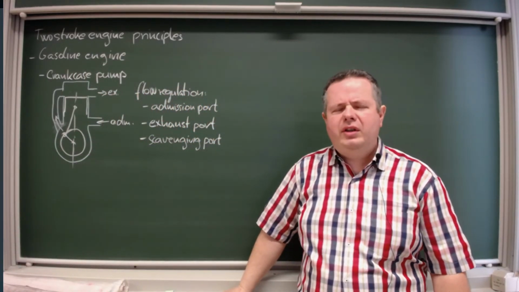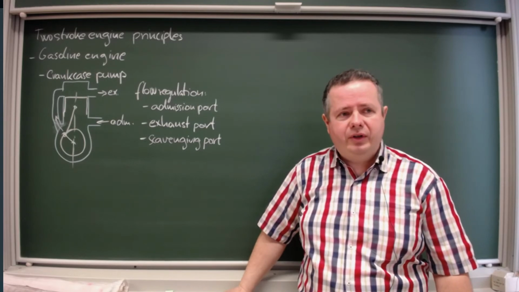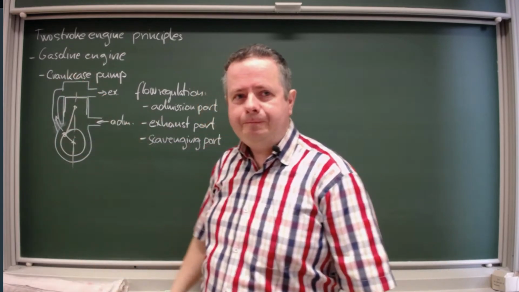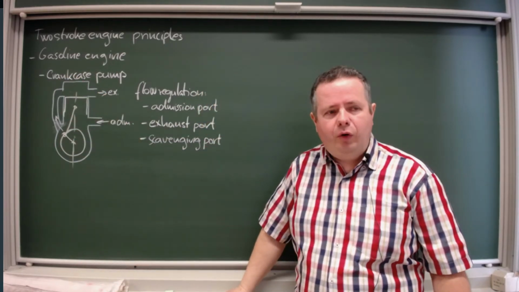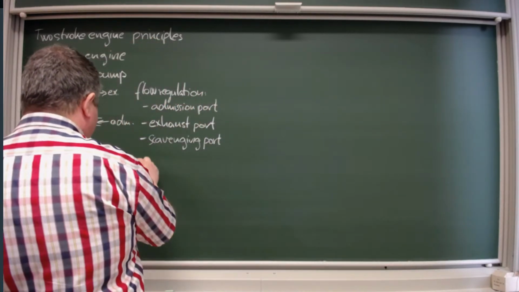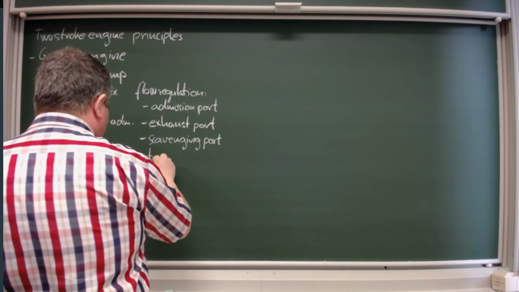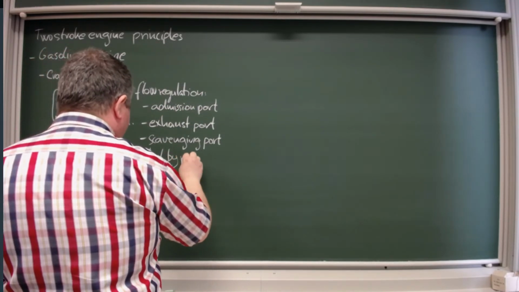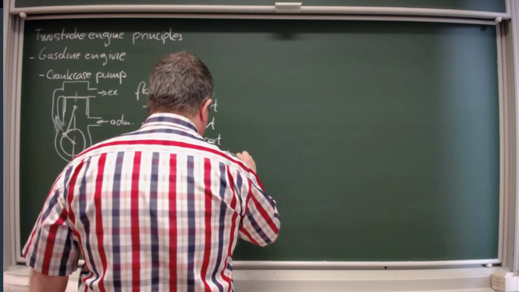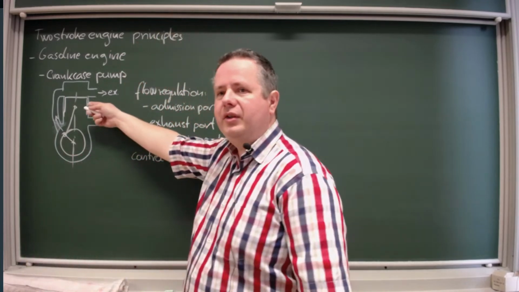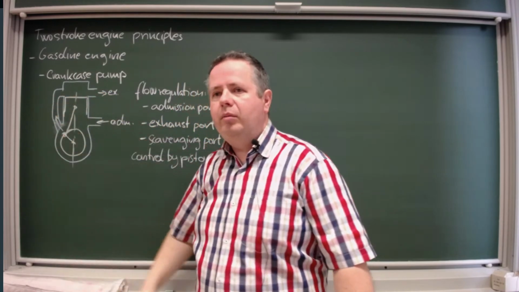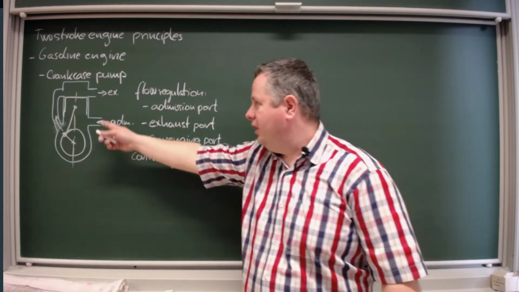And scavenging, or it is also called transfer port, that links the two volumes below the piston and above the piston. Okay, and how these ports are opened or closed? They are closed or opened by the piston, controlled by piston motion. The piston just covers either the admission port or the exhaust plus the scavenging port. Okay, the piston side, I say.